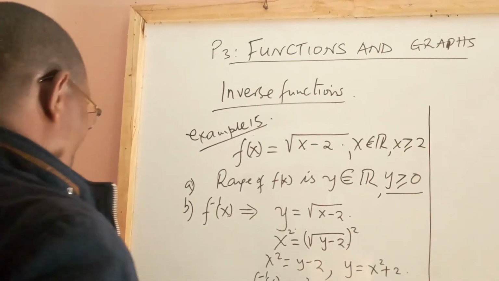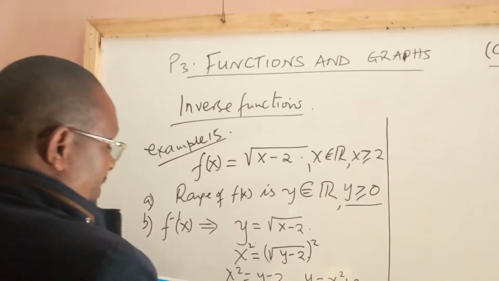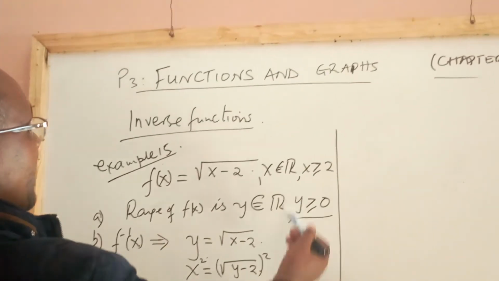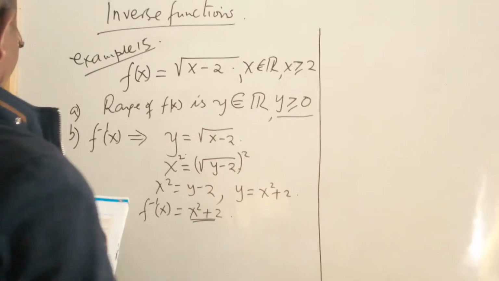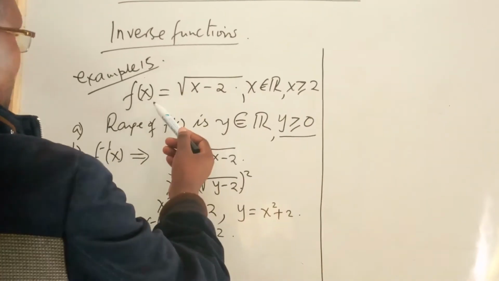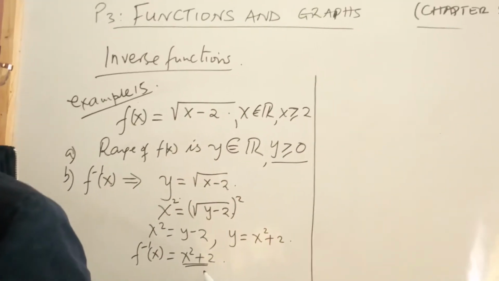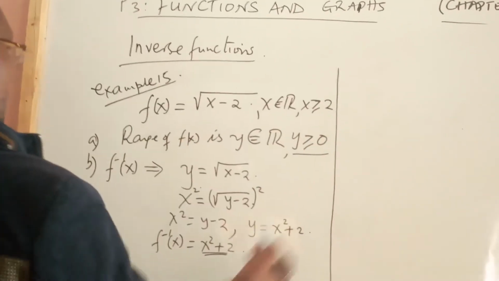We are also supposed to state its domain. The domain of the inverse function happens to be the range of the original function. So we don't look for it far from this value.